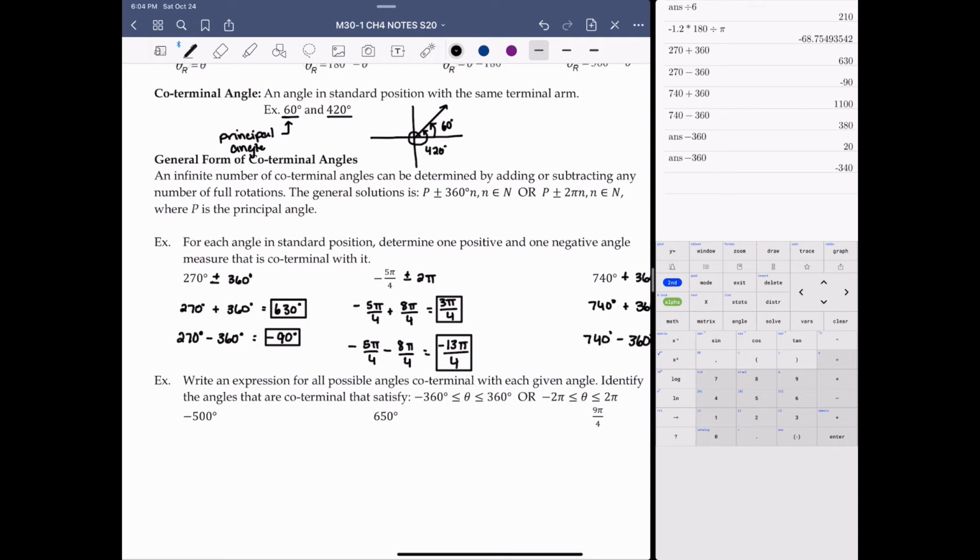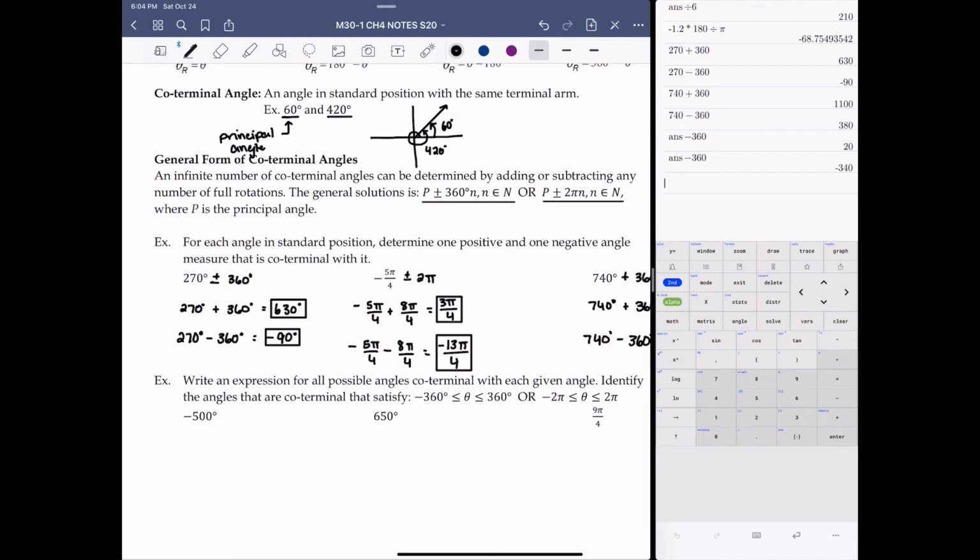Starting with the expression for all possible angles coterminal with each angle, if we take a look back at our general form, we had P plus or minus 360 n, where n is an element of the natural numbers, or P plus or minus 2 pi n, where n is an element of the natural numbers.